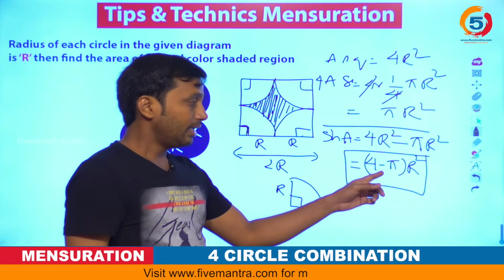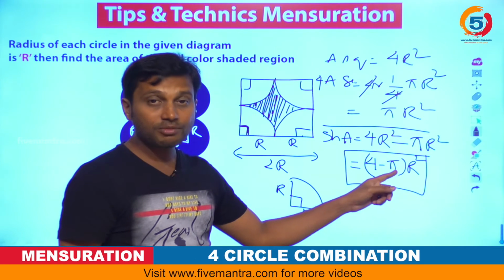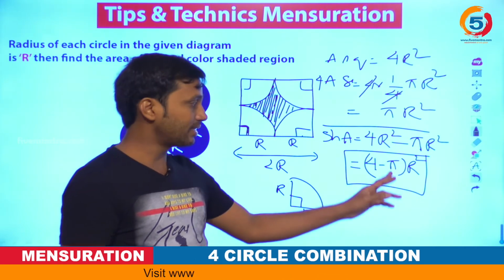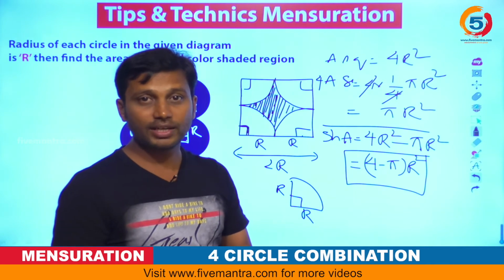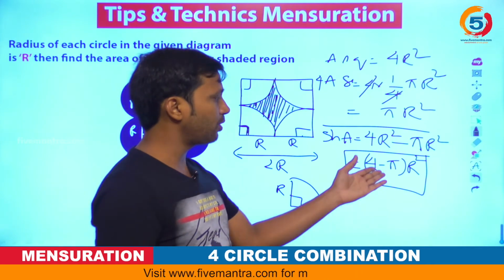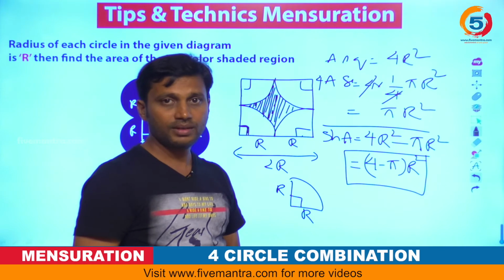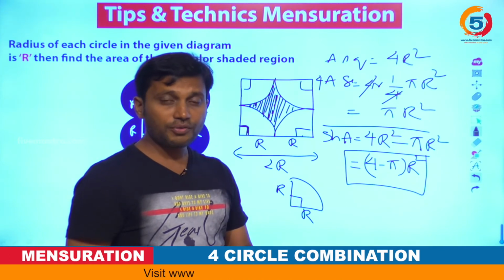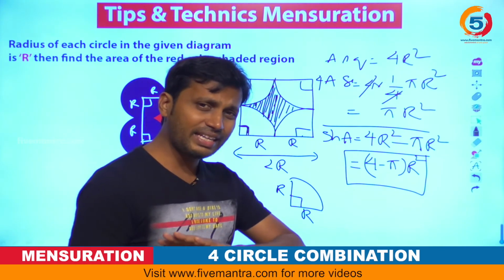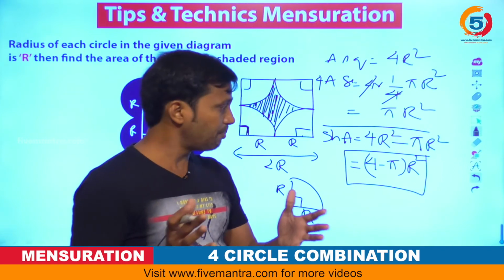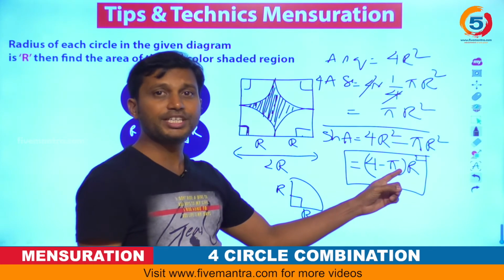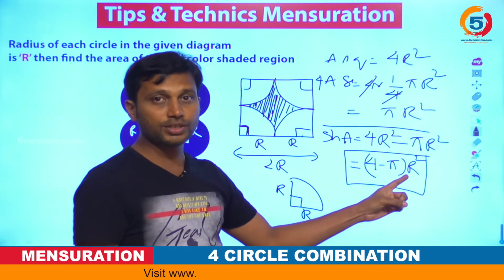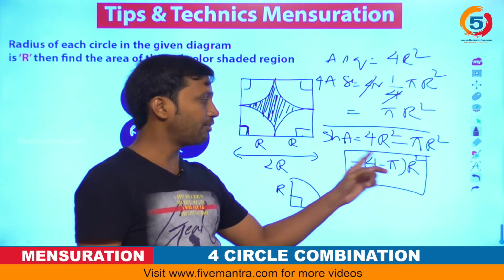Now, if the answer is given in terms of pi, meaning something minus pi, 8 pi, like that, we can use this technique. Or else, if you want a finally refined simplified answer, then you can put here in place of pi 22 by 7. Substitute 22 by 7 equal to pi.